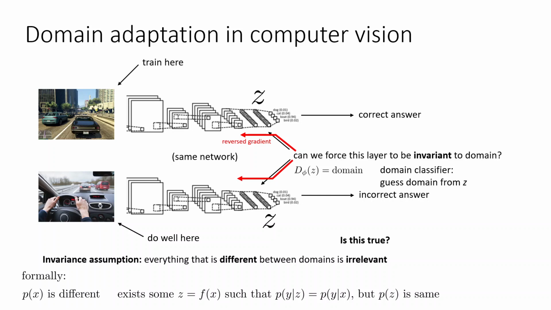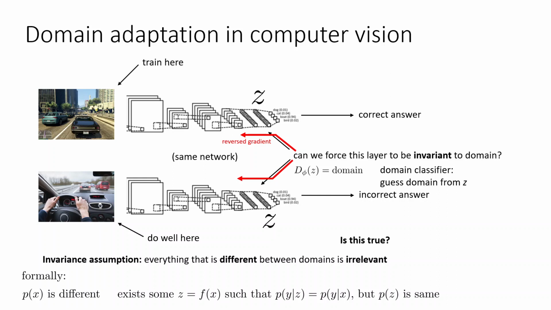Now, of course, there are a variety of details on how to do this right, whether you reverse the gradient or whether you train the classifier to output the opposite label, or you train the classifier to output a probability of 0.5. There's a bunch of these details that do actually matter in practice, but this is the high-level idea. And that's why, in order to do this, you do need some examples from the target domain, but you don't necessarily need to run RL in the target domain. You just need some example images.